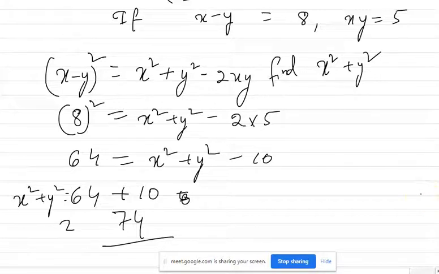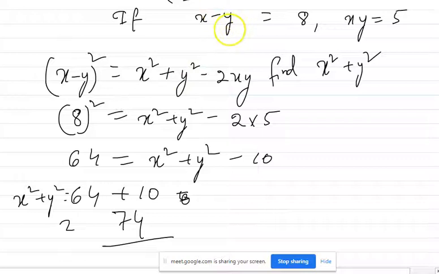Are you getting? Any doubt, you can ask me. Again I am telling. X minus y is equal to 8, xy is 5. So I take x minus y, meaning a minus b, whole square. The formula is a square plus b square minus 2ab. So I am just putting the value.